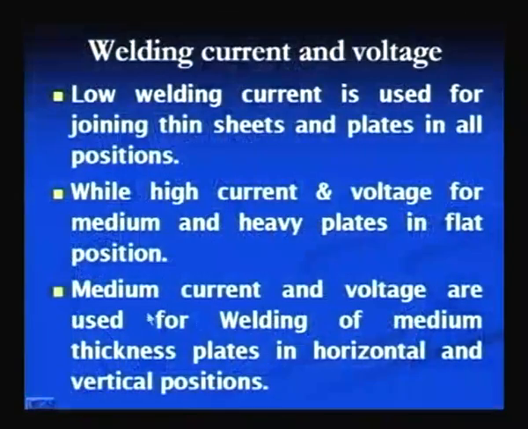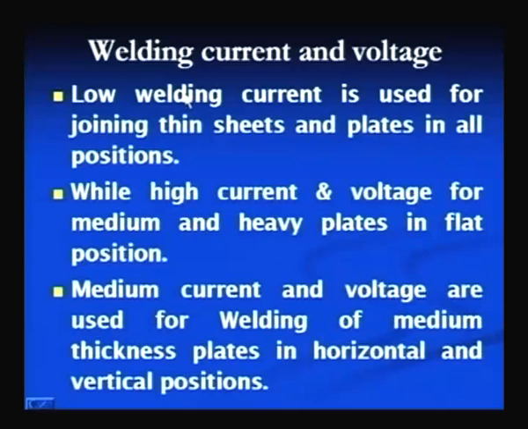But if the high current is used to obtain high deposition rates and deeper penetration, then in flat position, high current and high voltage settings can be used effectively for welding of the thick plates, while the medium current and medium voltages are used for welding of the medium thickness plates in horizontal and the vertical positions.